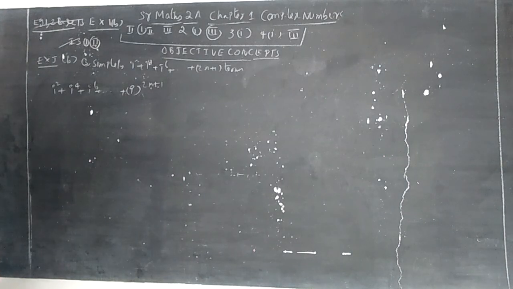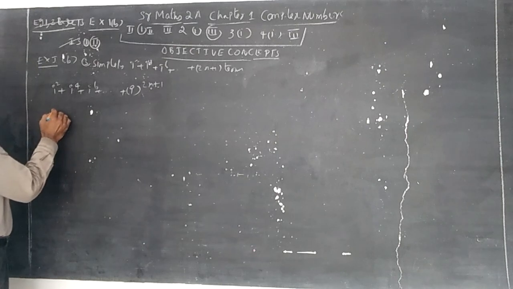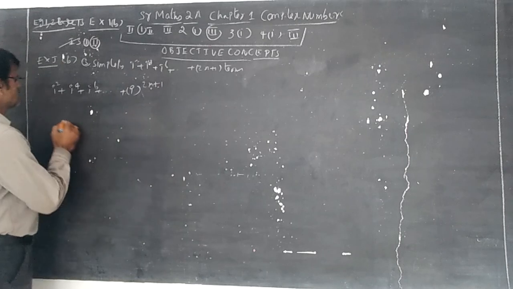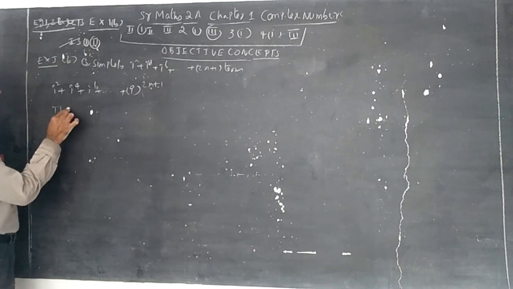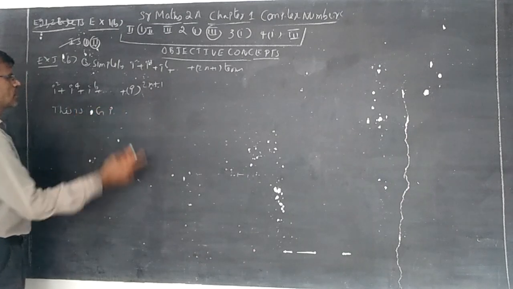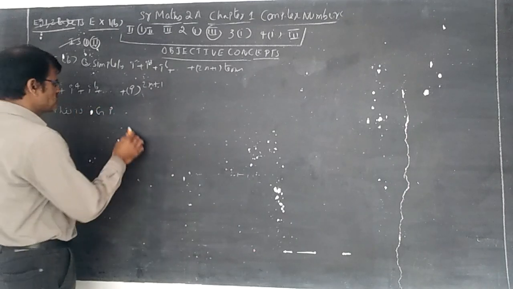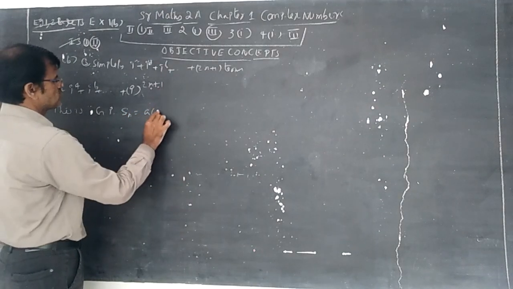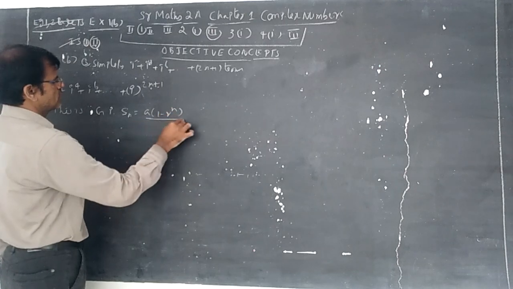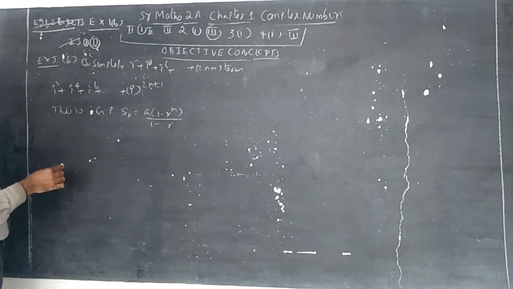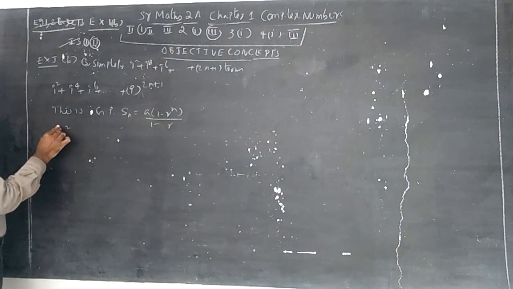So i power 2n into i we can write. Here this is the concept of a GP: a, a r, a r square, and so on, r power n minus 1. In that, Sn is equal to a times (1 minus r power n) by (1 minus r), for r less than 1. Here a means i square.